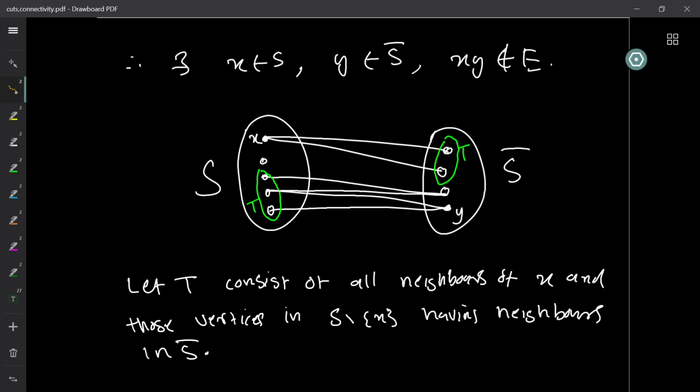There could be many edges here, but without worrying about that, we take all the vertices in S which have at least some neighbor in S bar. I pick up all these vertices and they go into T.